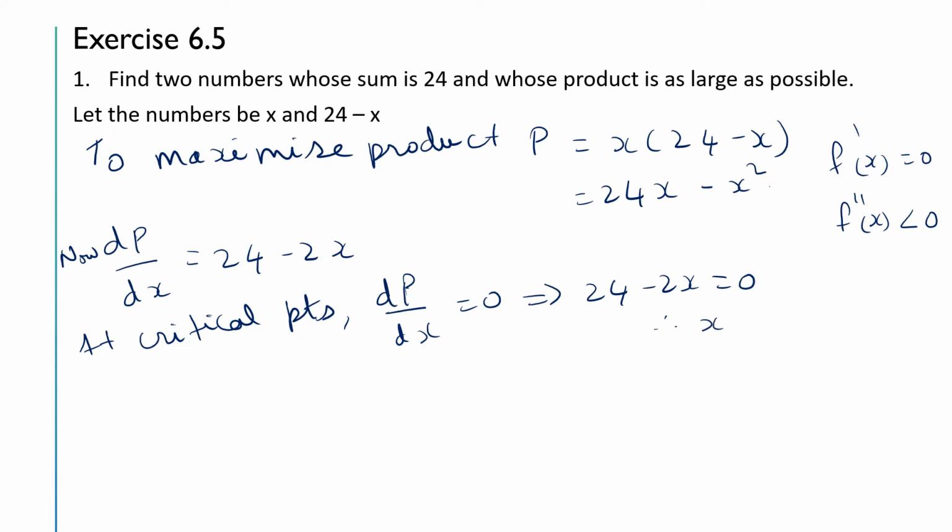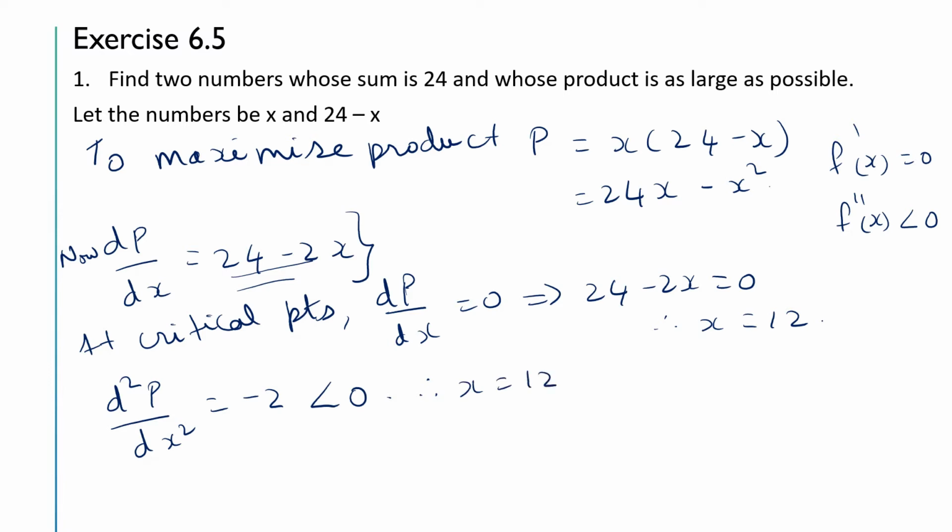Therefore, x is equal to 24 by 2, which is 12. Now we will find d square p by dx square. That is, we have to differentiate this function again with respect to x. When we differentiate this, we get the answer as minus 2, which is less than 0, which means x equal to 12 is a point of maxima.